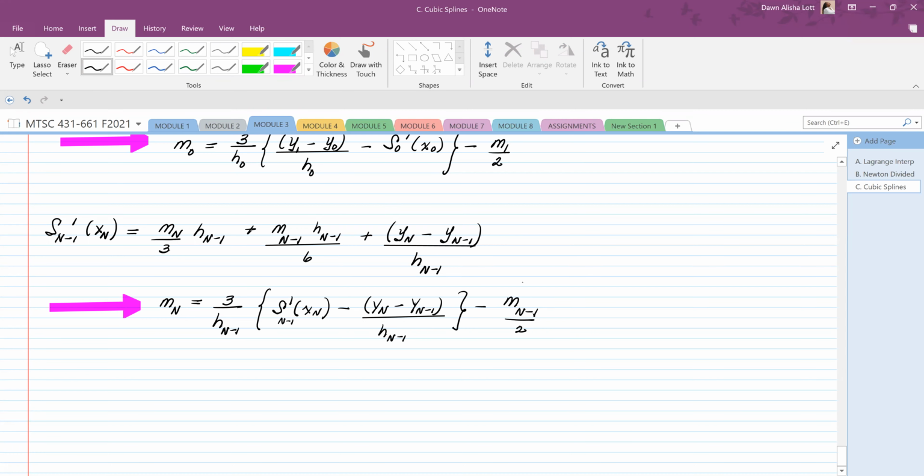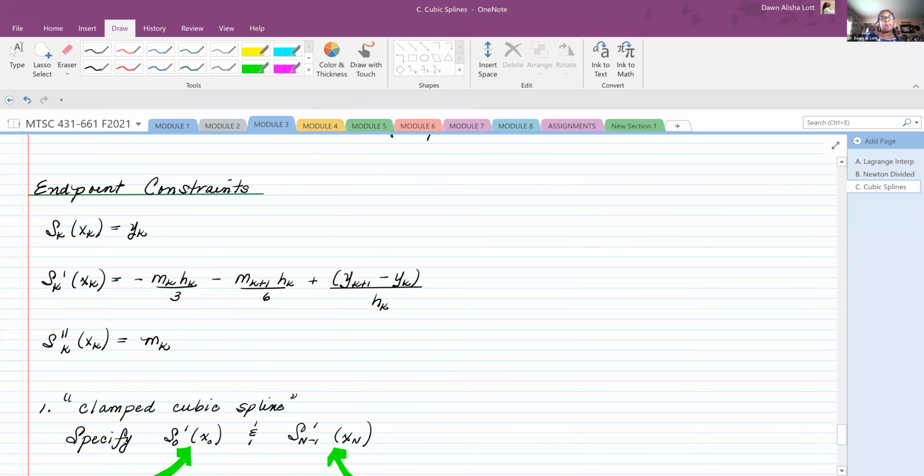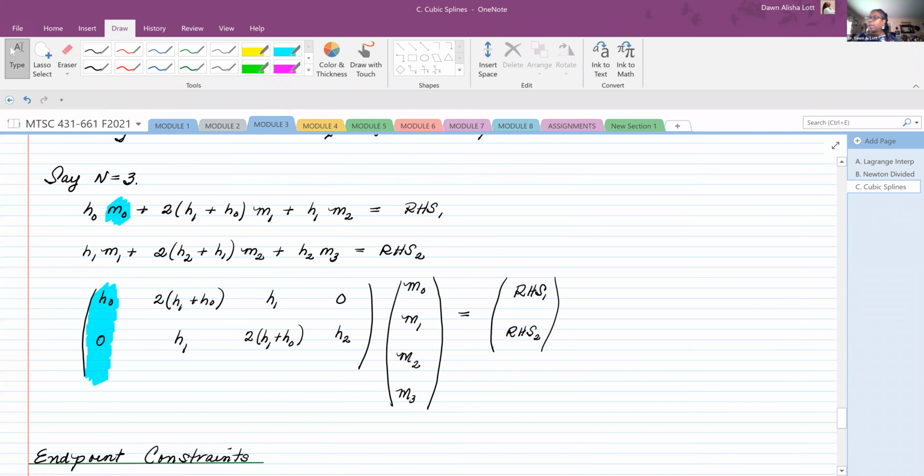So now I can take and replace everything in Mn by, in this case, M3. I would replace it right here, and that will eliminate the need for this one.